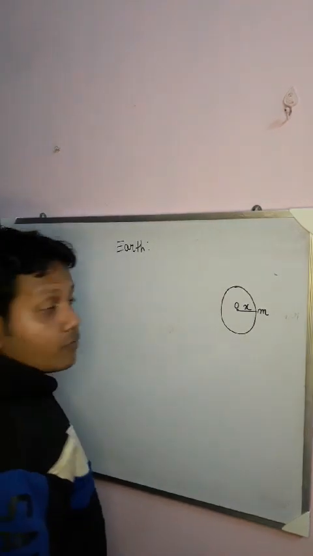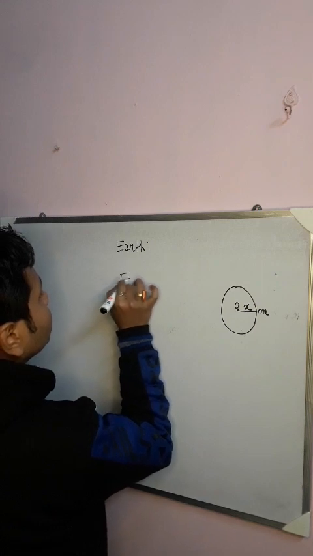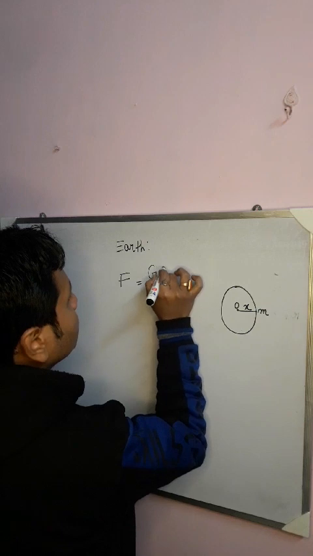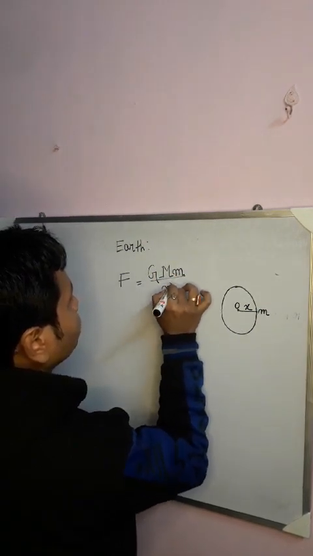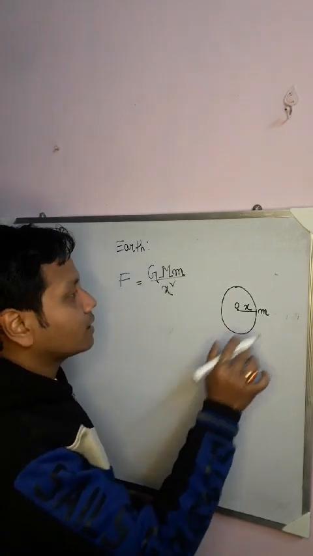What would be the force of attraction between the Earth and the object? If we write this force as F, it is simply G times the mass of Earth times the mass of the object upon x square. This is the force of attraction between the Earth and the object.